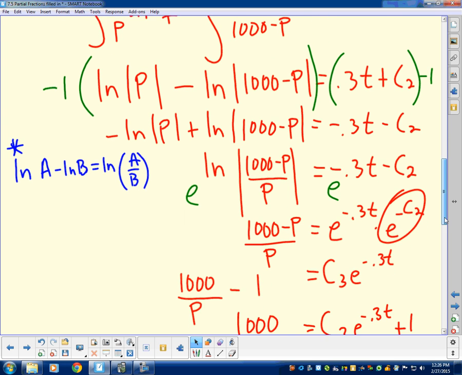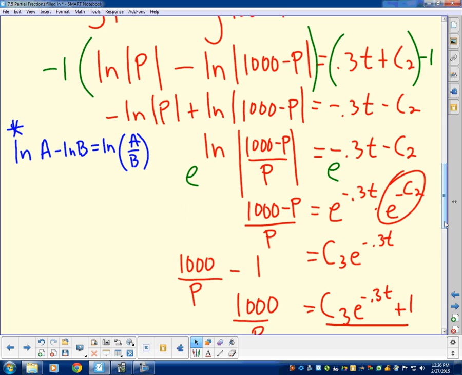So I exponentiate each side, and then I realize that when I exponentiate the right-hand side, I can think of that as e to the negative 0.3t times e to the negative c sub 2. And e to the negative c sub 2 is just some other constant. Let's call it c sub 3 and move it out in front. So I'm just going to do that process of taking this constant that I've circled, move it out in front as a product.